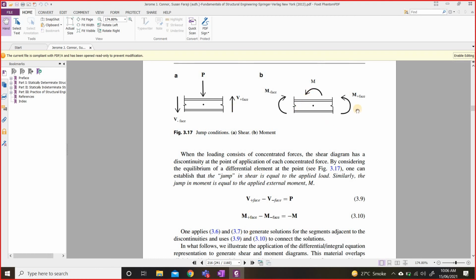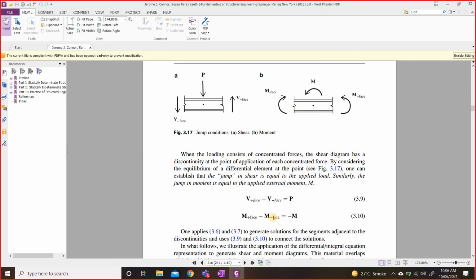Similarly, if you have a concentrated moment, something we call a couple moment, acting at this point, or an externally applied moment, and you consider a segment just around this point, then M on the negative face and M on the positive face are related by this expression.